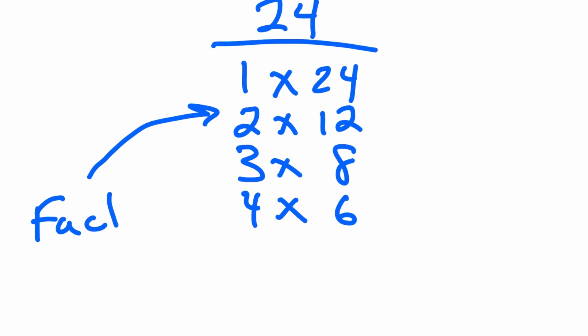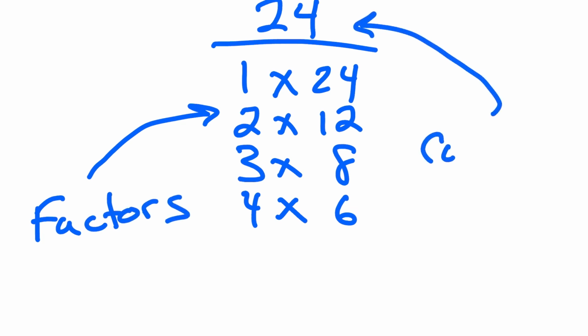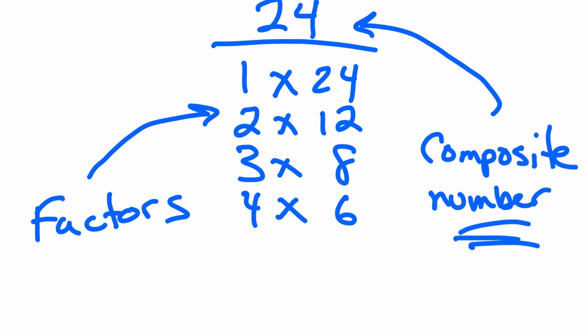And those are all the numbers that are factors of 24. So 24 has factors of 1, 2, 3, 4, 6, 8, 12, and 24. The number 24 has 8 factors. So it's called a composite number because it has more than one set of factors.